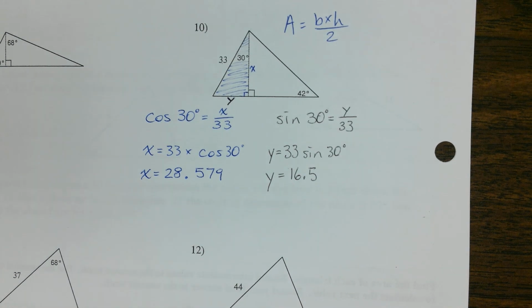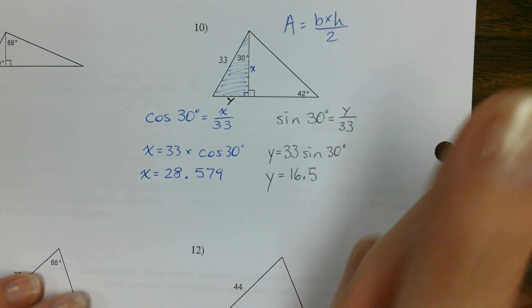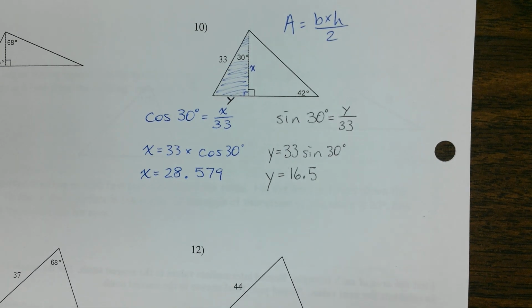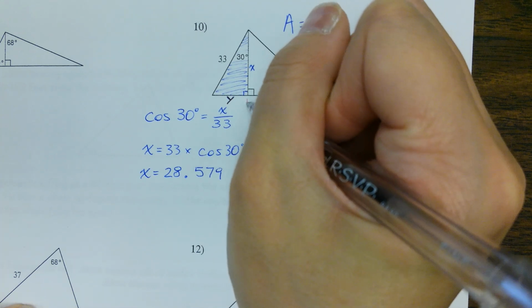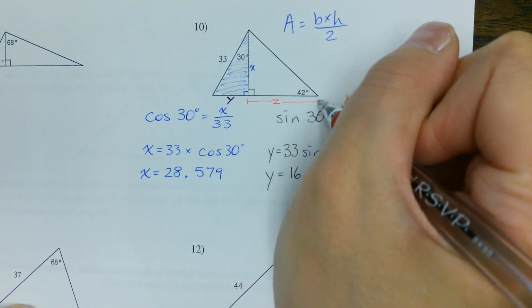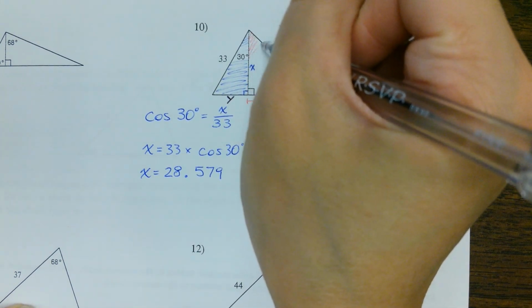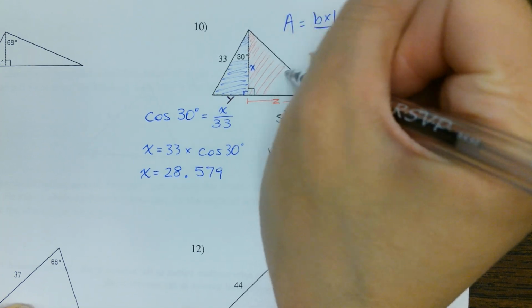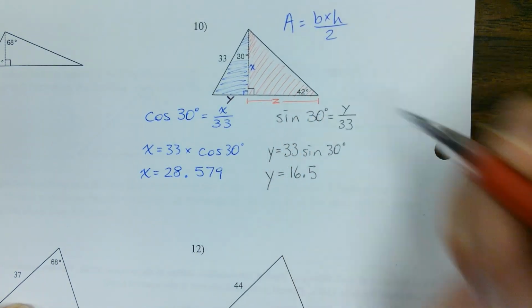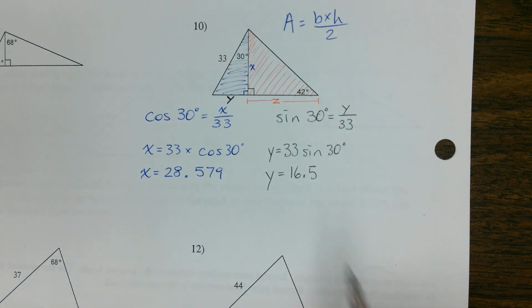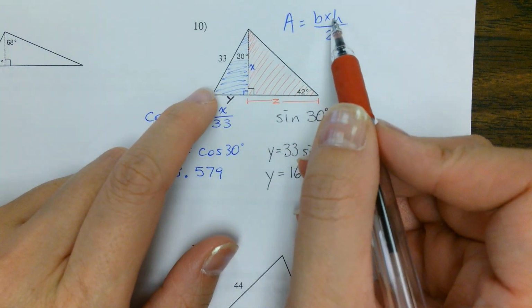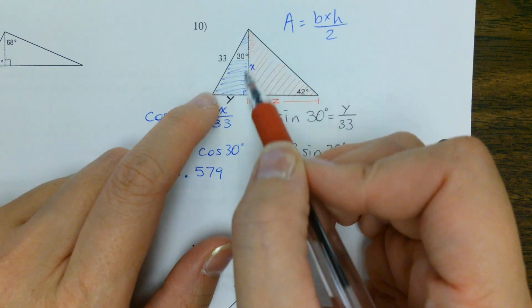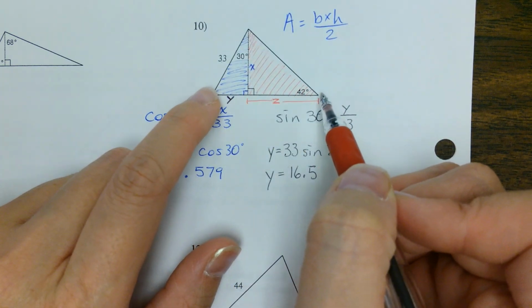Now I am going to do my third step, which is find this length right here, using this triangle. Remember, I'm trying to do base times height divided by 2. I found the height, but I need to find the base.